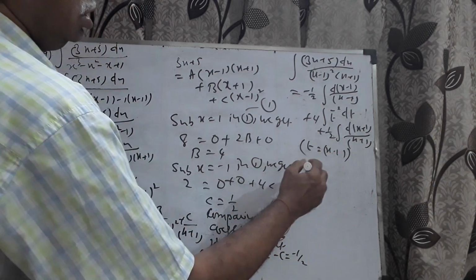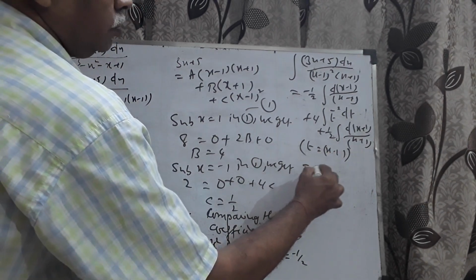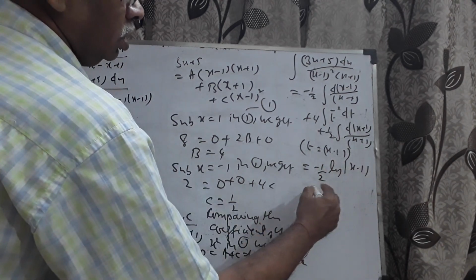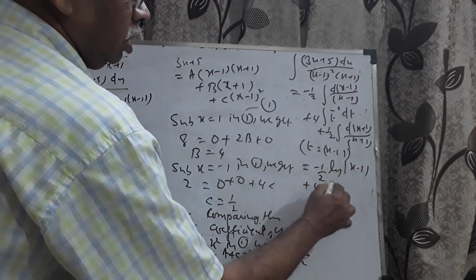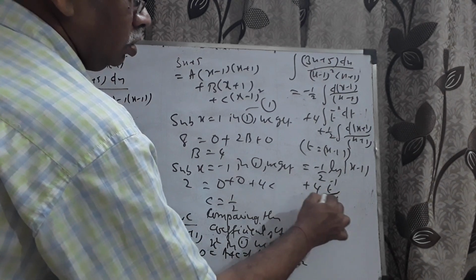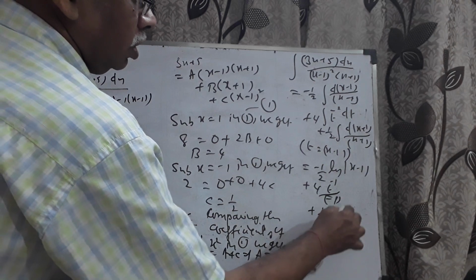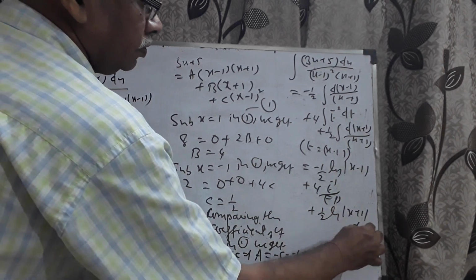Remember carefully. Then c is half, plus half integral d(x+1) by (x+1). Therefore, this is reduced to minus half log|x-1|, plus 4 t power minus 1 by minus 1, and of course plus half log|x+1| plus c.